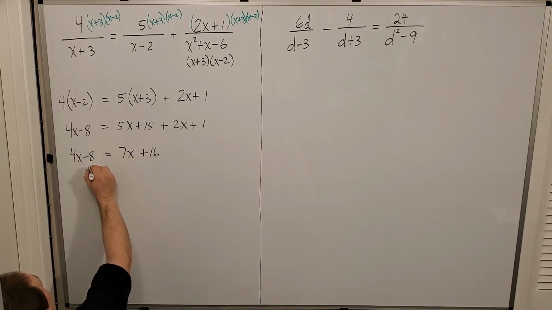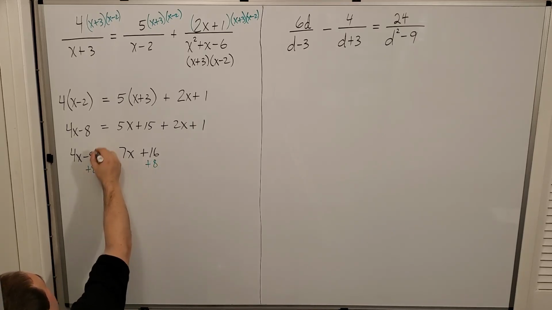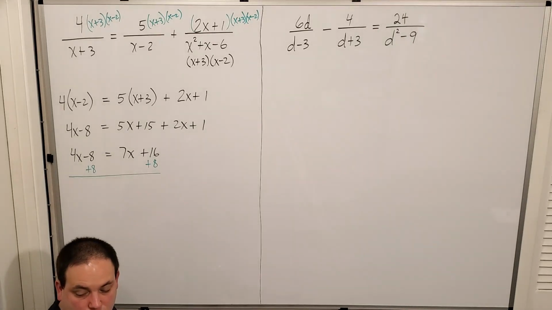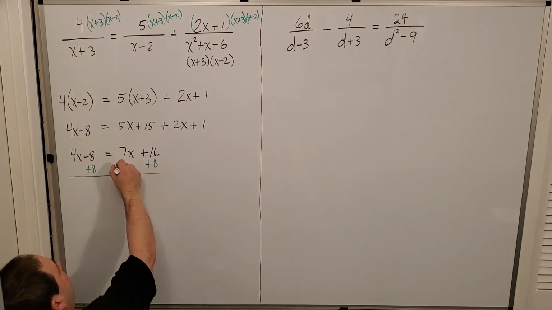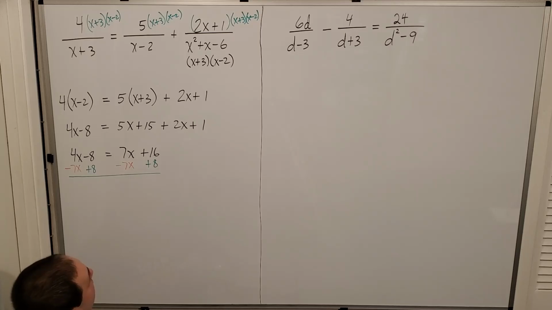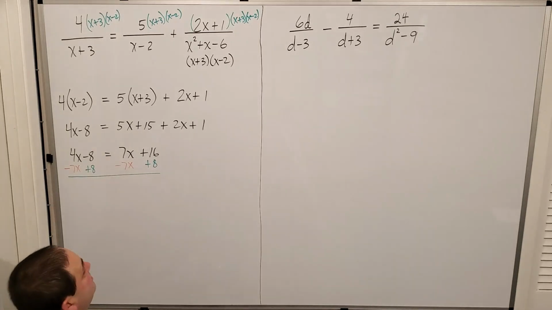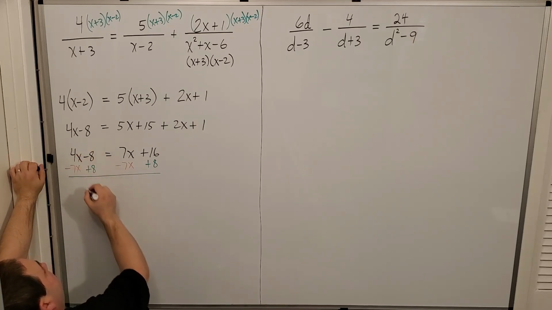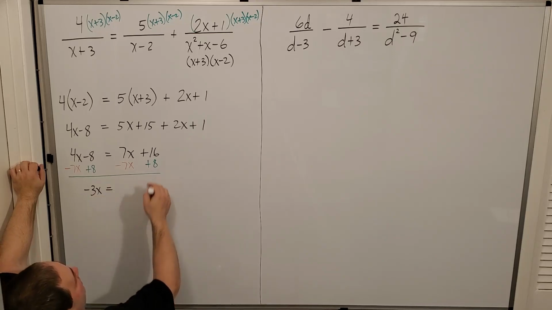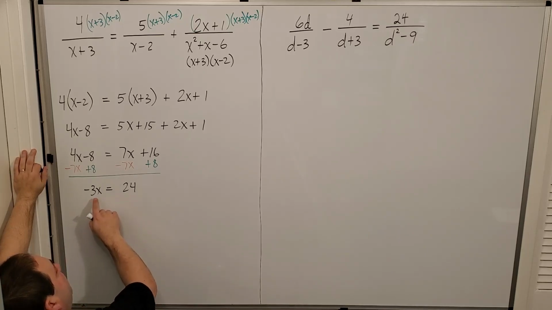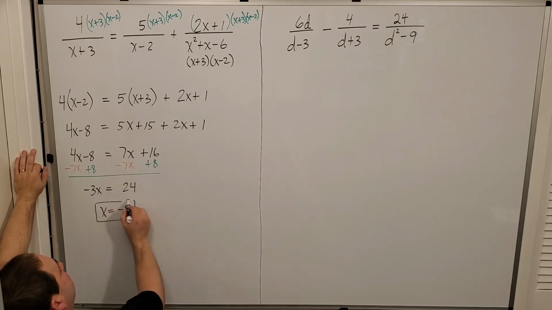I'm going to add 8 to both sides in order to get rid of the 8, and I am also going to subtract 7x so as to eliminate the 7x on the other side. So now I have separated variables and non-variables for a total of negative 3x equals 24. I will divide both sides by negative 3, which will land me an answer of negative 8.